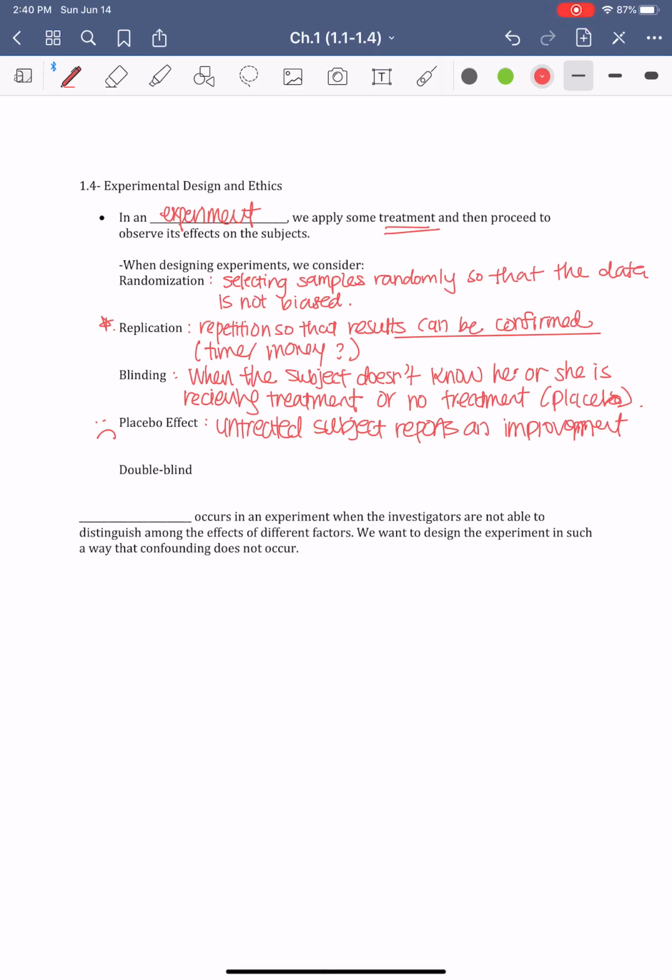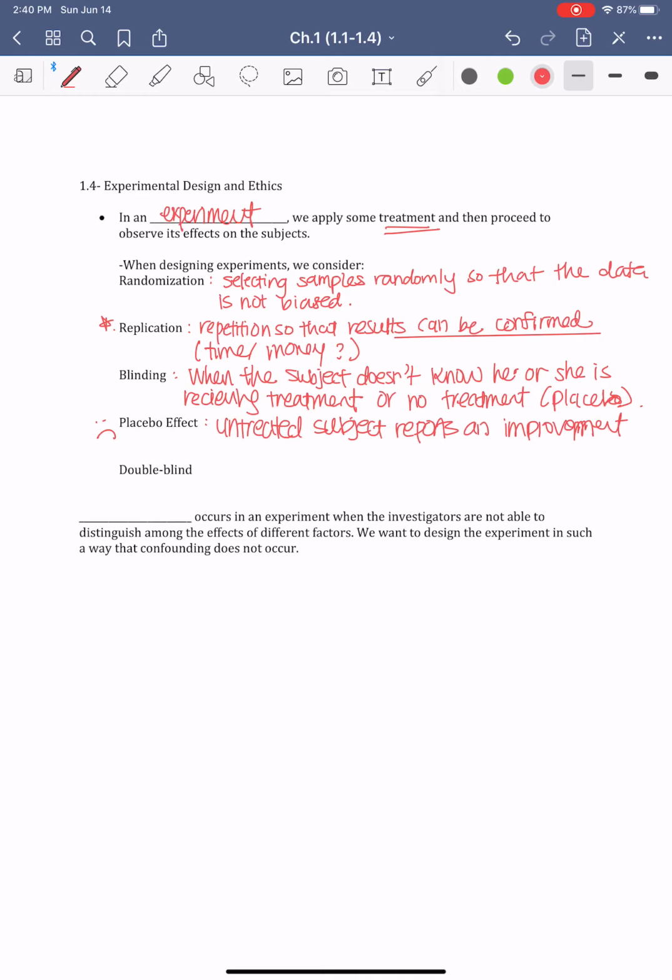So they did lose 10 pounds, but you don't want that to happen. You actually want the treatment group to lose 10 pounds, not the untreated subject reporting that they lost 10 pounds. So placebo effect is the one that you want to eliminate. You don't want that to happen during the experiment.